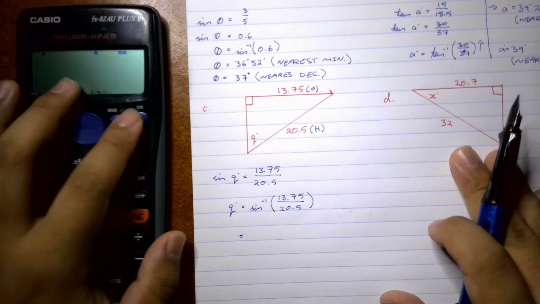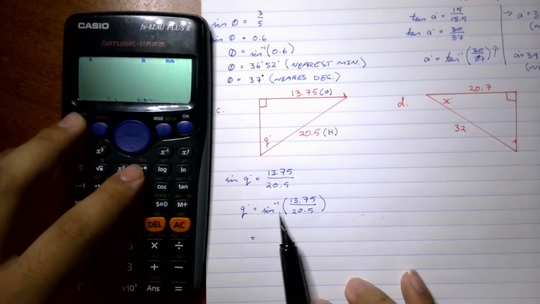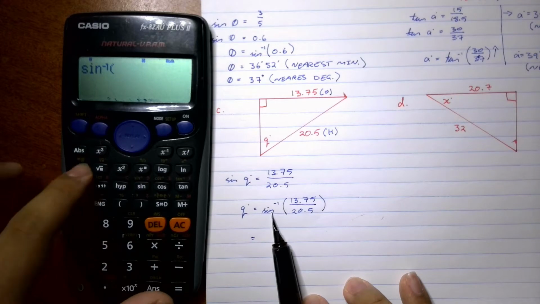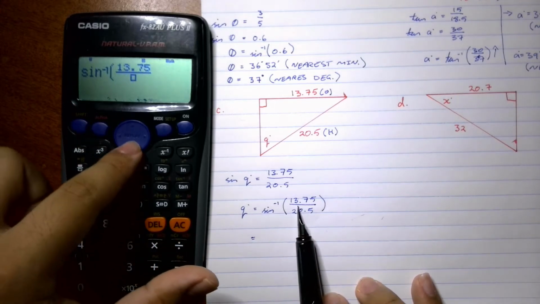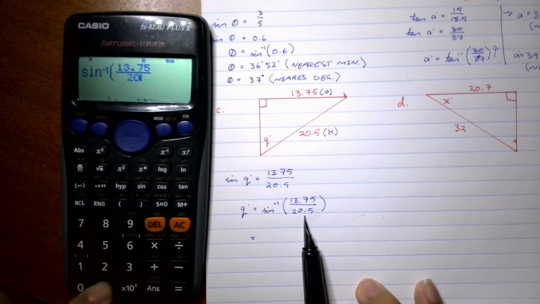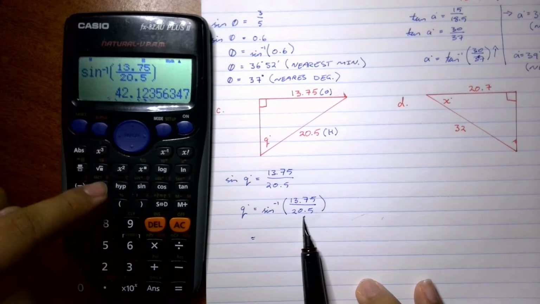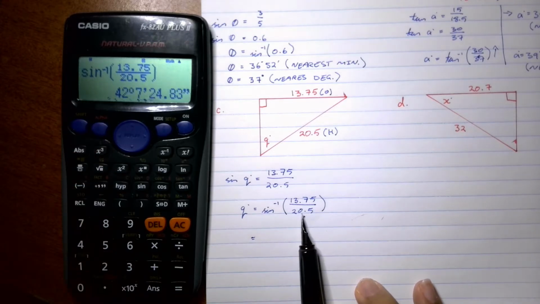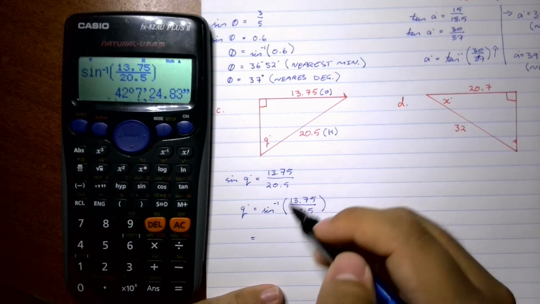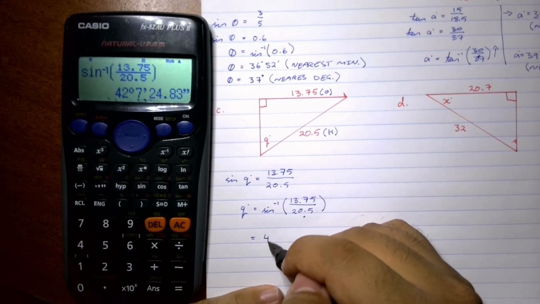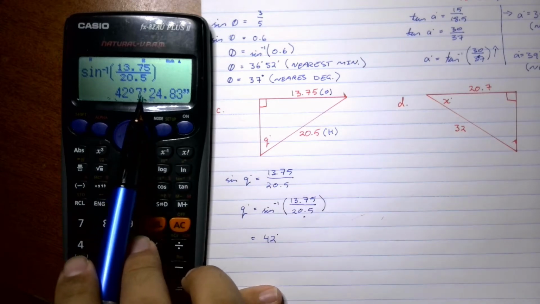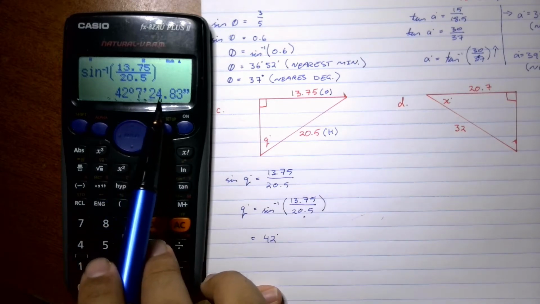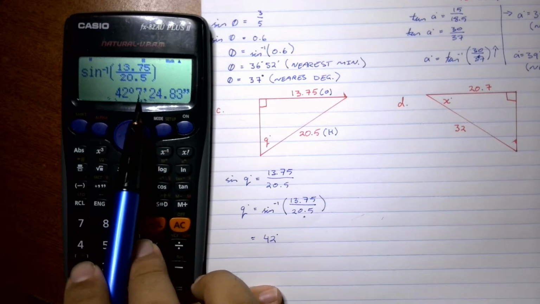Inputting this value, we press shift sine, fraction 13.75 over 20.5. Converting this, we get 42 degrees 7 minutes. Let's do it again to the nearest minute. Since 24 seconds does not exceed 30, it remains as 7 minutes.